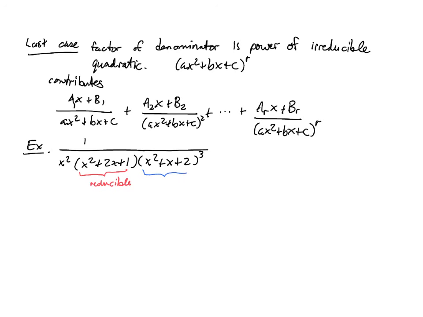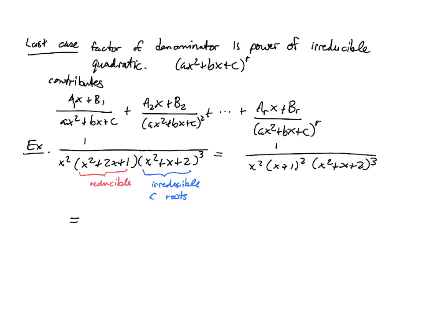But this one is irreducible, which you can see when you take the quadratic formula, you end up with complex roots. And so we'll simplify this. This is 1 over x squared times x plus 1 squared times x squared plus x plus 2 cubed.